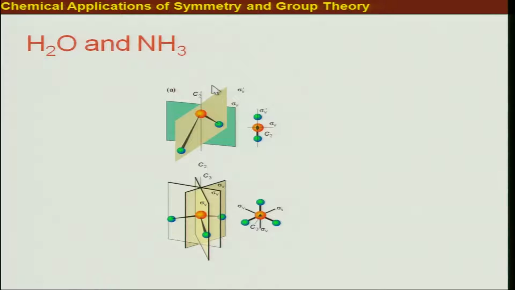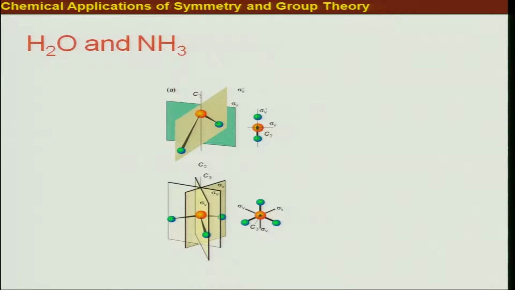You can see you have C2, which is along this axis. You have two sigma planes, denoted as sigma V and sigma V prime. One contains all the atoms, while the other one bisects the HOH angle. And as usual, you have the identity operation. So the total symmetry operations are 4: E, C2, sigma V, and sigma V prime.